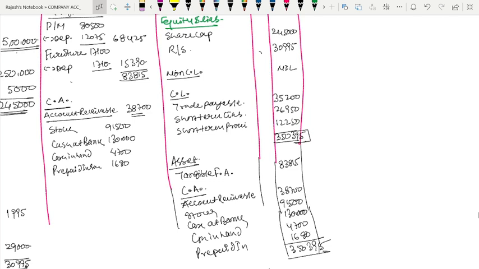Clear? Yes, sir. This took 2 hours, only 2 questions. This is the financial statement problem, because we have to prepare so many notes after this, the income statement and the balance sheet.